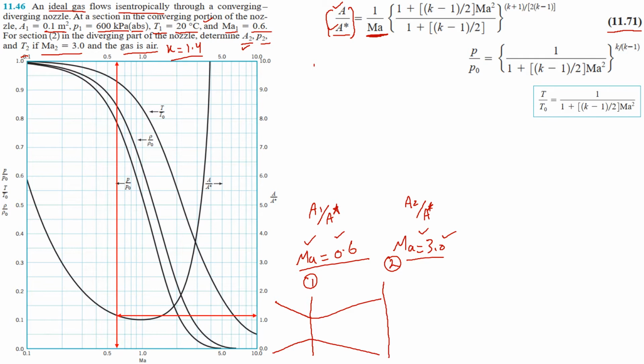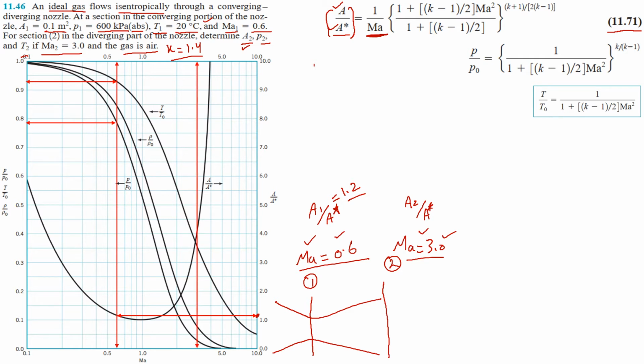So that value will come out to be this, that is A1 over A star. So A1 over A star is approximately 1.2, let's say, and then we can also read the other values, that is for P over P naught, but we will use these values a little bit later in this problem.